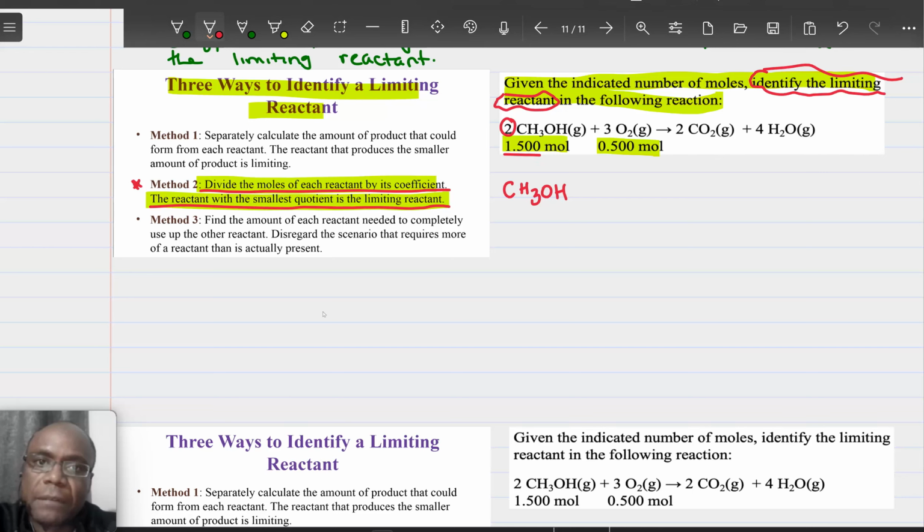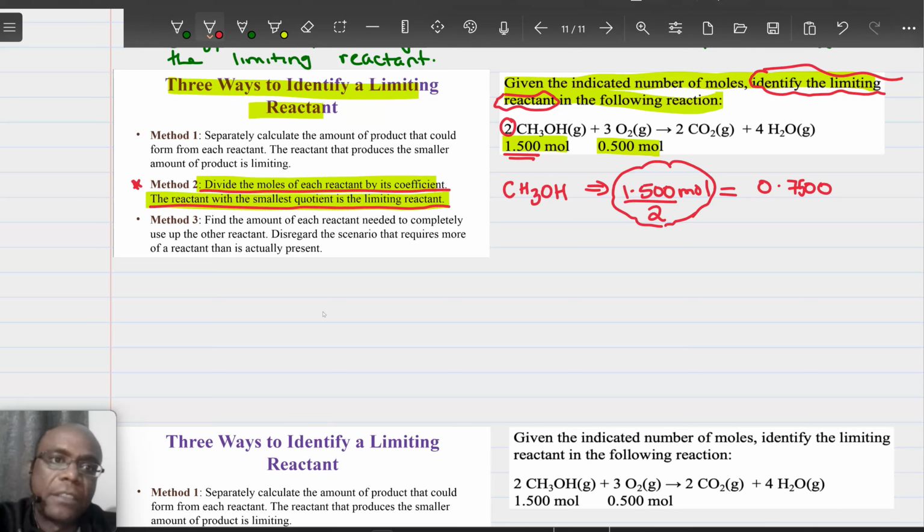What is the amount given? 1.5. So I'll divide the amount of methanol by its coefficient 2. I'm getting the quotient to be 0.7500. The quotient is just the ratio, the fraction.